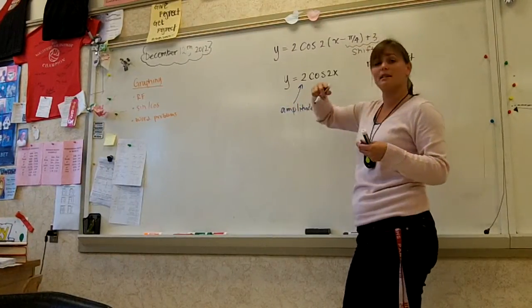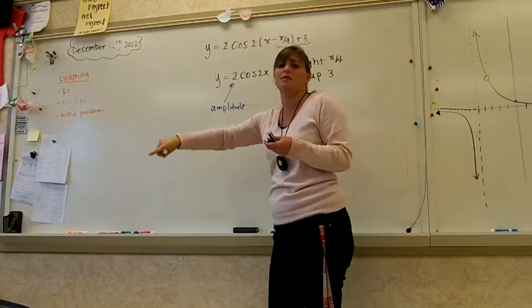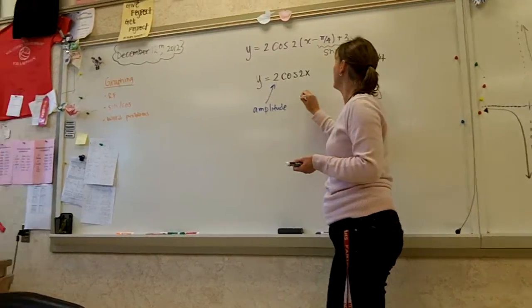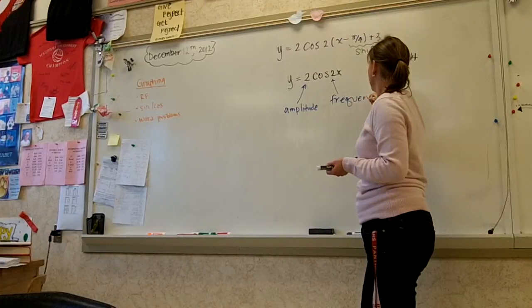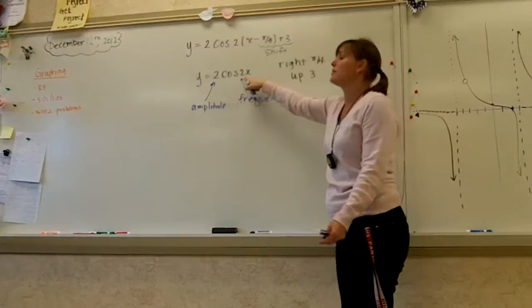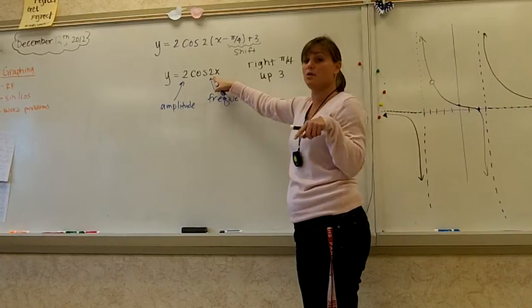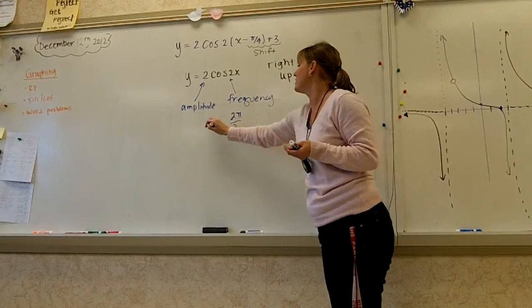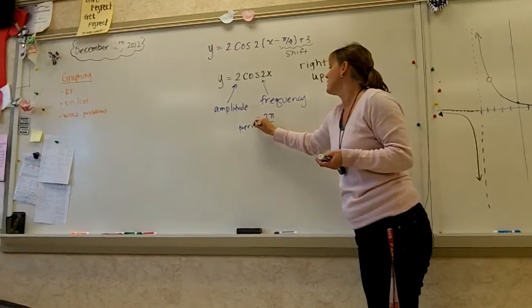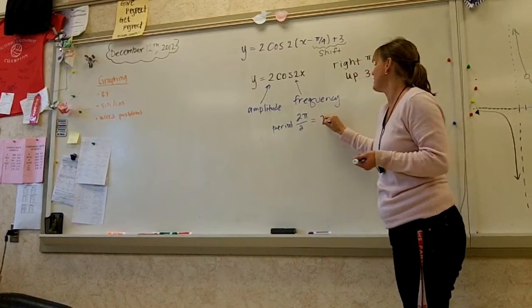So that means it's oscillating back and forth between positive 2 and negative 2, forever and ever and ever. And this is the frequency. So that means that it's going to complete 2 cycles in 2 pi. So if you want to find the period, you just do 2 pi divided by 2. And that gives you pi.